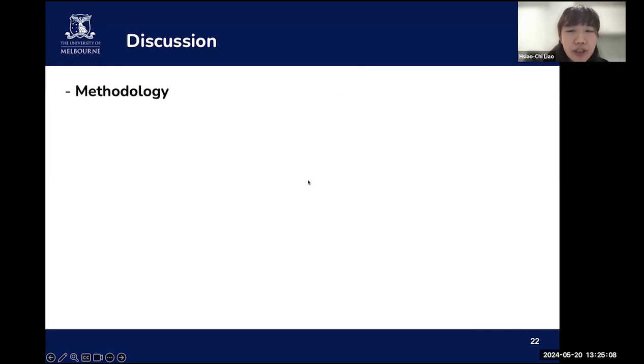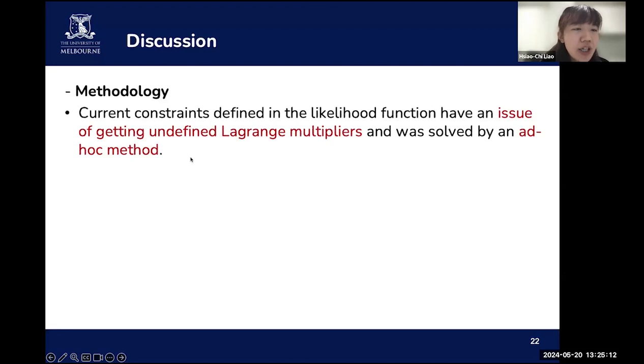Regarding the current work in progress on the methodology, the current constraints defined in the likelihood function have an issue of getting undefined Lagrange multipliers, which was solved by an ad hoc method.